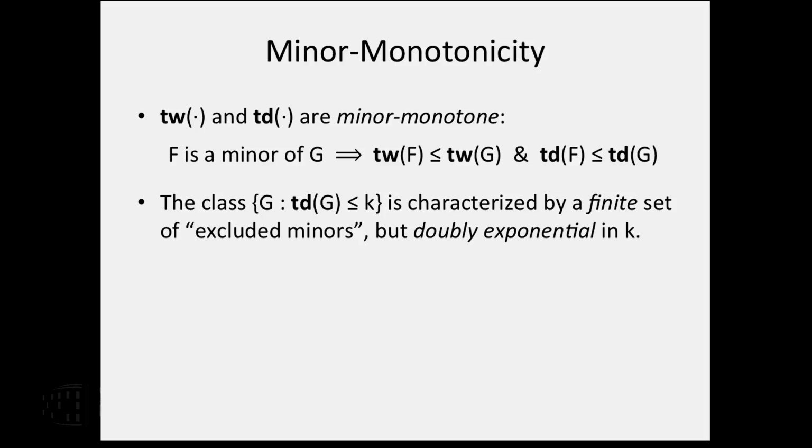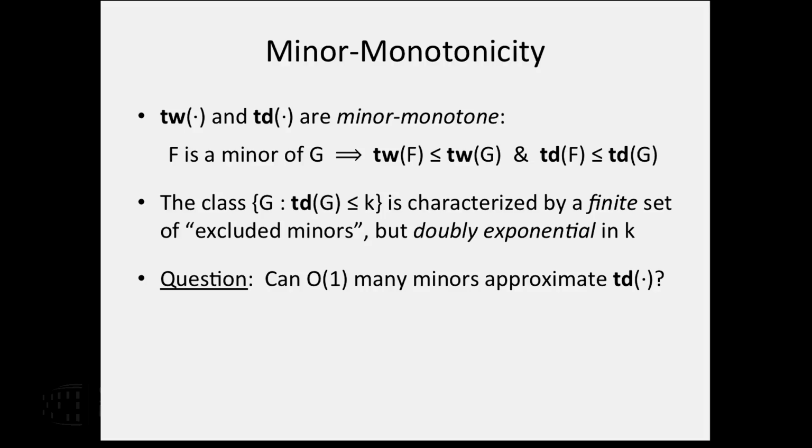In particular, if we look at the class of graphs G with tree depth at most k for any constant k, this is characterized by some finite set of obstructions. But it's known that the size of this set is at least doubly exponential as a function of k.